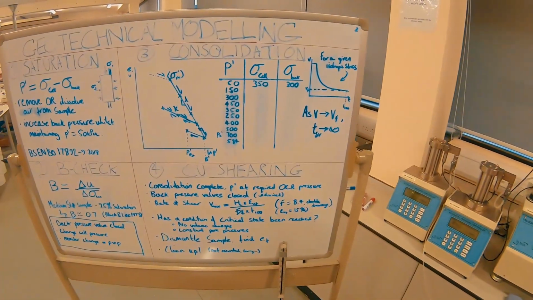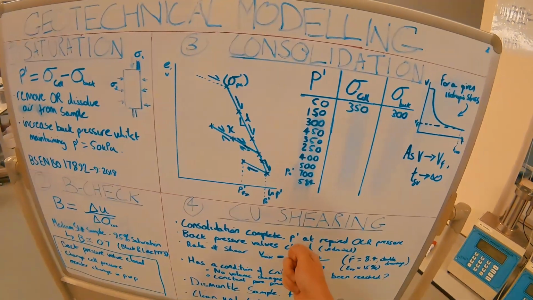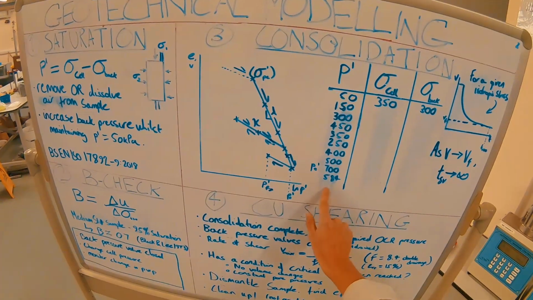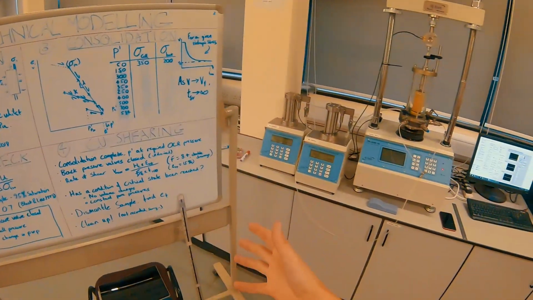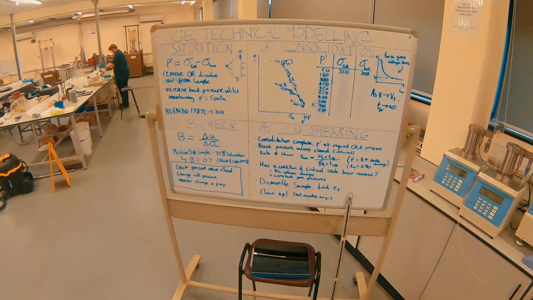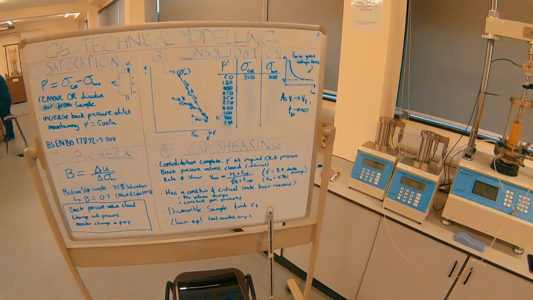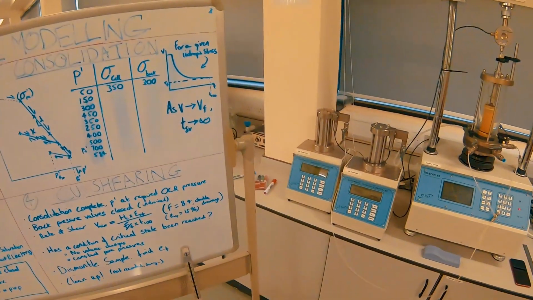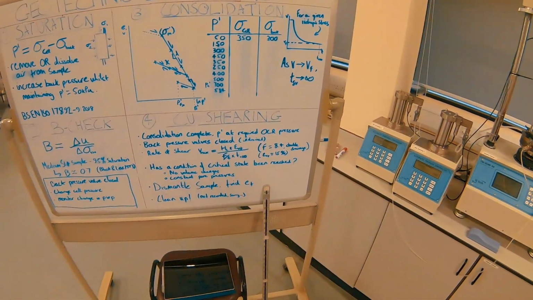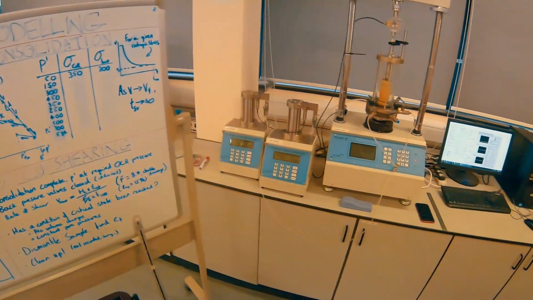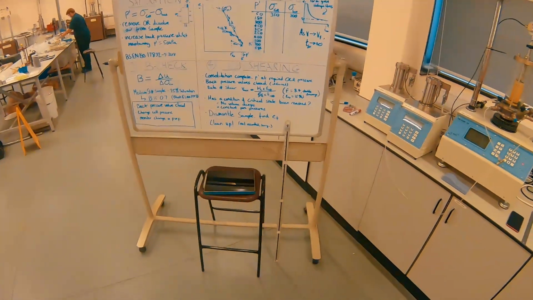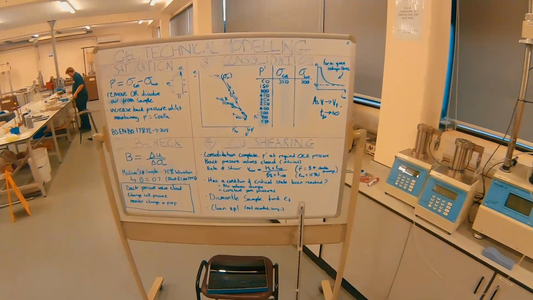If we want to arrive at a P' of 700, and we have a back pressure currently set at 300 from our B check and saturation, we are pushing the limit of our pressure controllers. So we can't really increase our back pressure here. We're going to keep our back pressure the same.